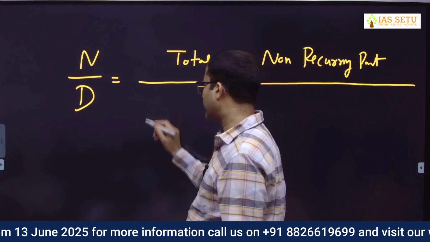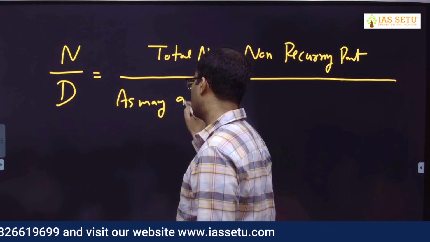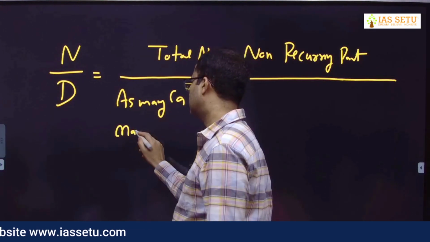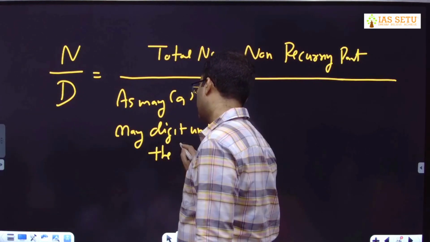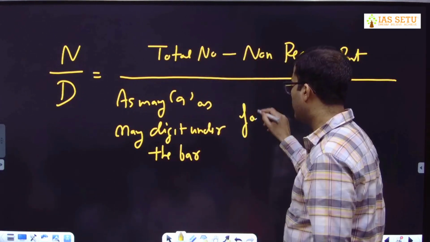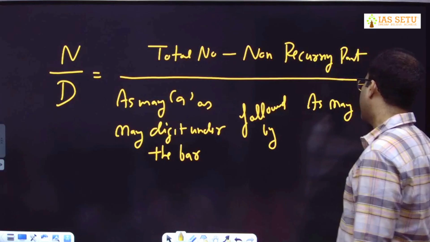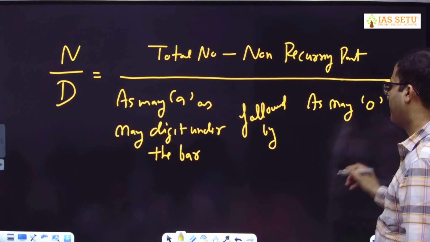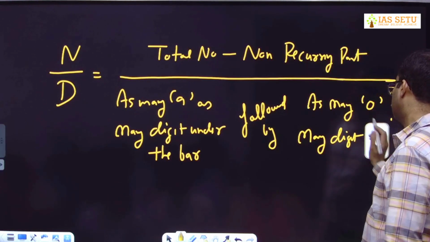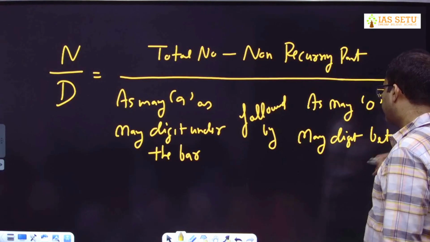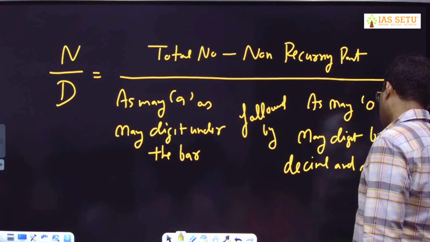Denominator: as many 9s as many digits under the bar, followed by as many 0s as many digits between decimal and recurring part.